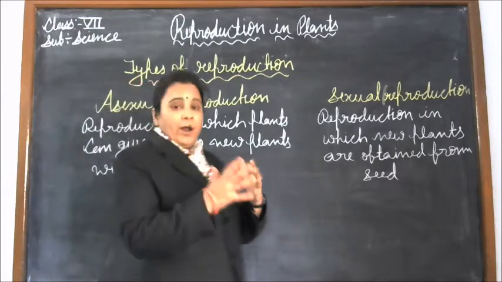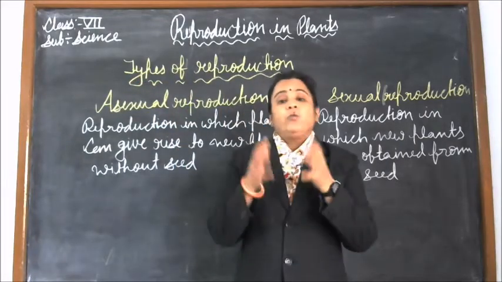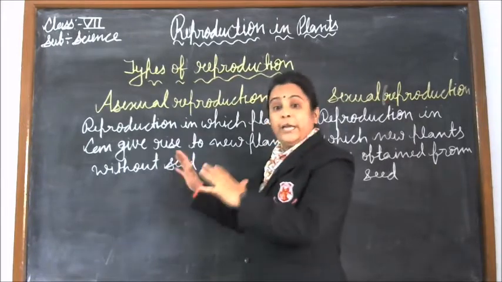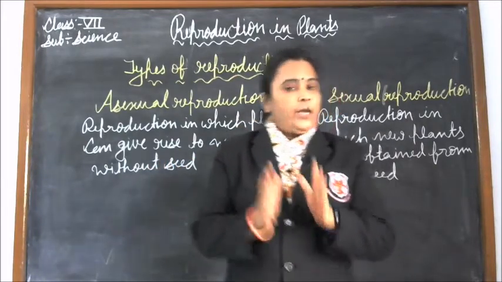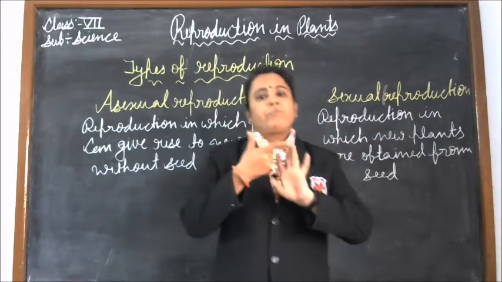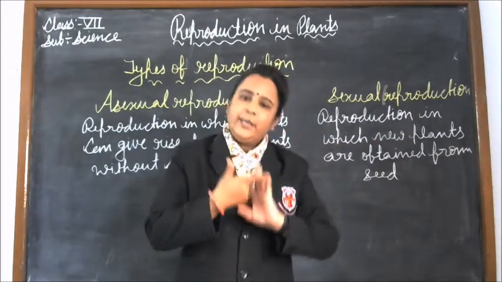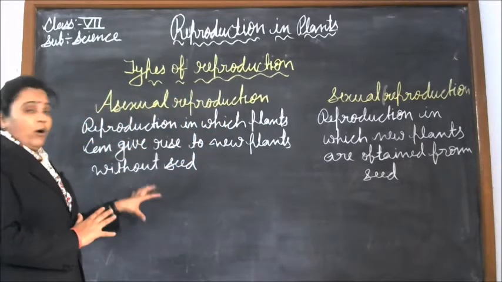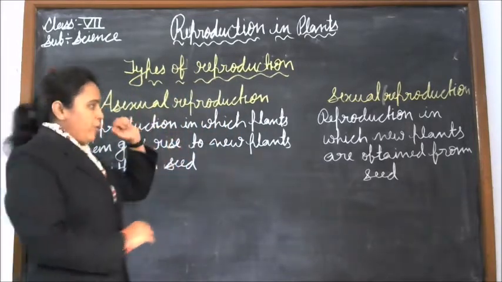This type of reproduction involves vegetative parts. You know, vegetative parts means root, stem, bud and leaves. And only one parent is involved in this type of reproduction.